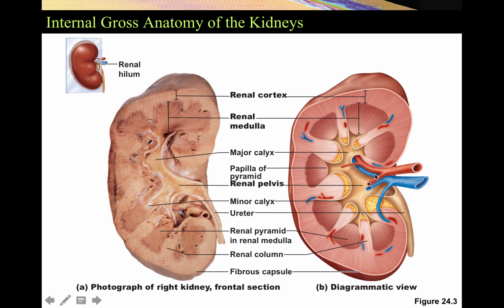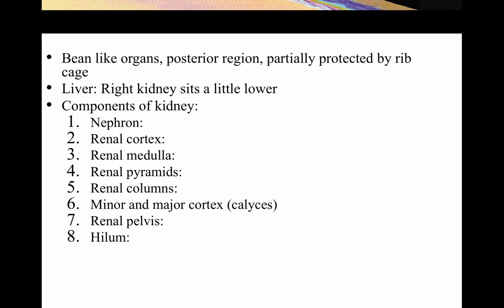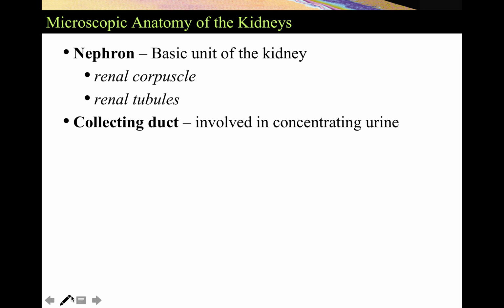The only thing we haven't talked about on that slide is the word nephron. If I want to simplify the function of the nephron in a few words, I can describe it as the basic unit of the kidney. Basic unit of the kidney implies that it is the component responsible for producing urine.